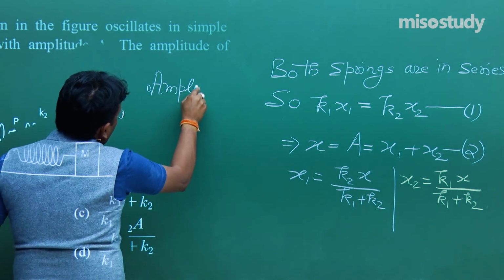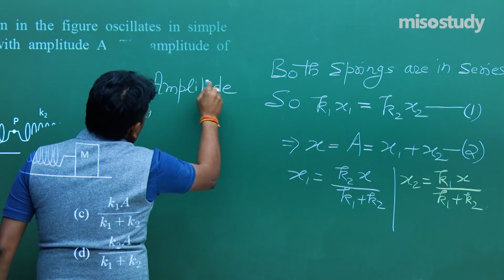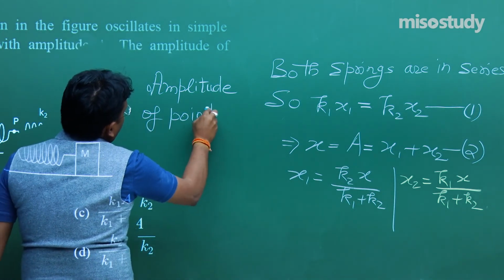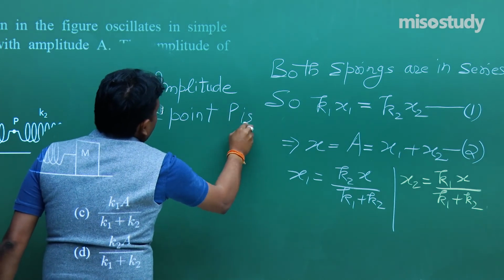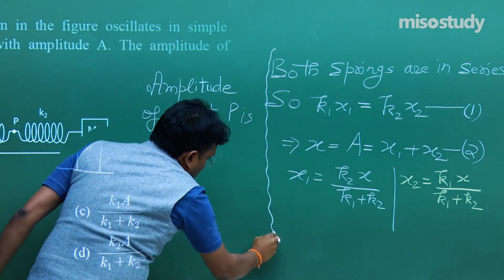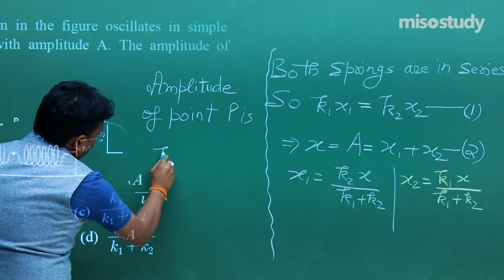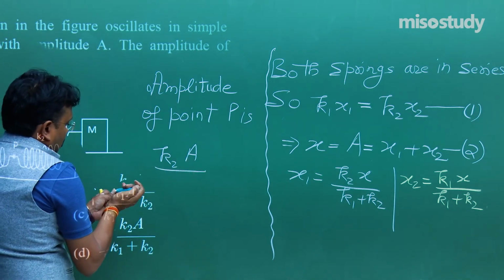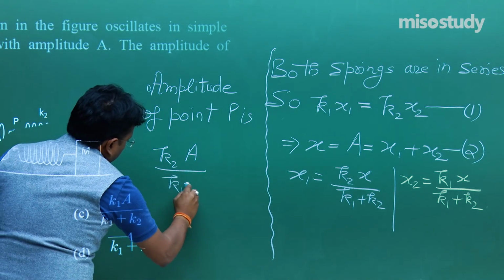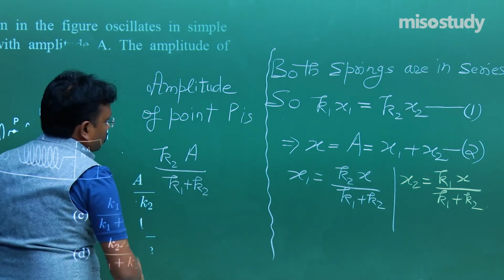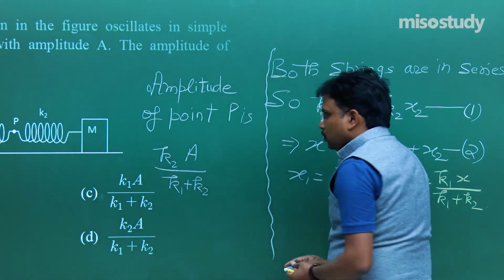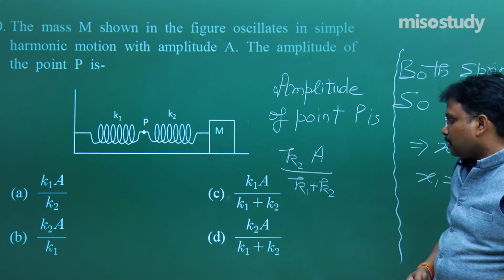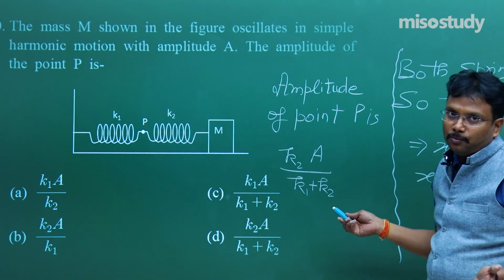Amplitude of point P is K2 A upon K1 plus K2. Now I am going out of your view, you can compare. Fine. K2 A upon K1 plus K2.